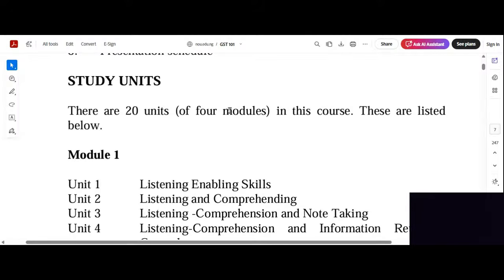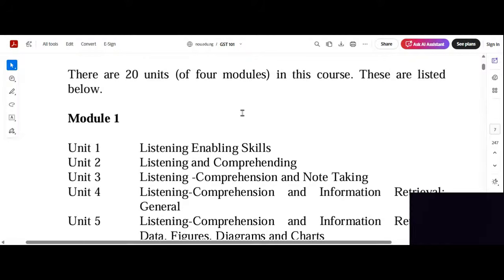Like I said earlier, this is GST 101, Use of English and Communication Skills, Part 1. In this course, let me give you a general survey so you will know what you are expected to do or what you are likely going to see in the course. The course is generally concerned with teaching you two fundamental skills.